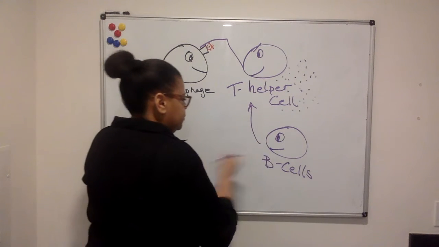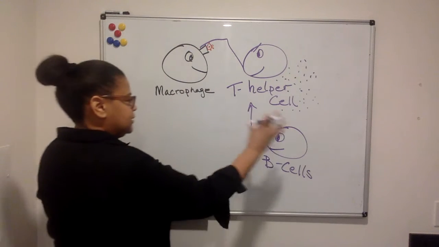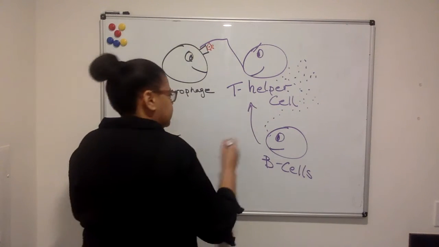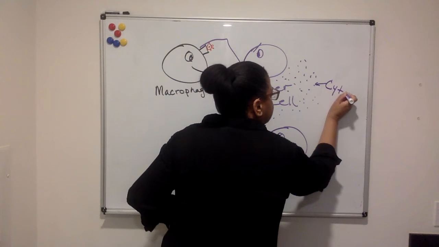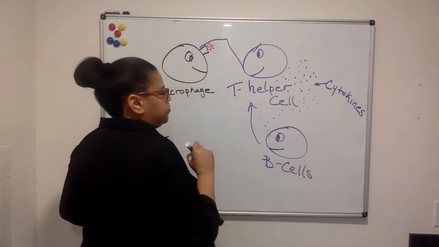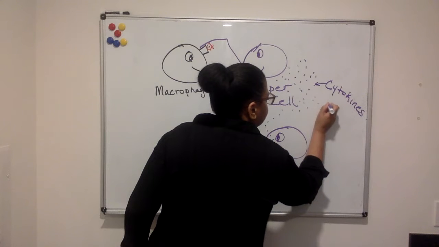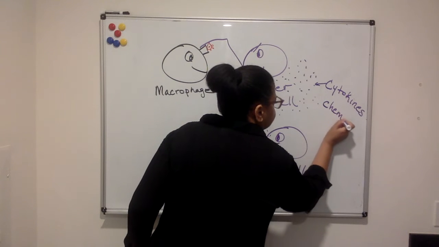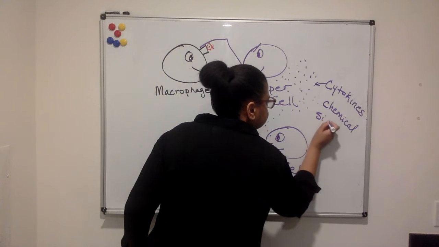Because these immune cells can sense those cytokines. And these are cytokines. Cytokines are chemical messengers or chemical signals.